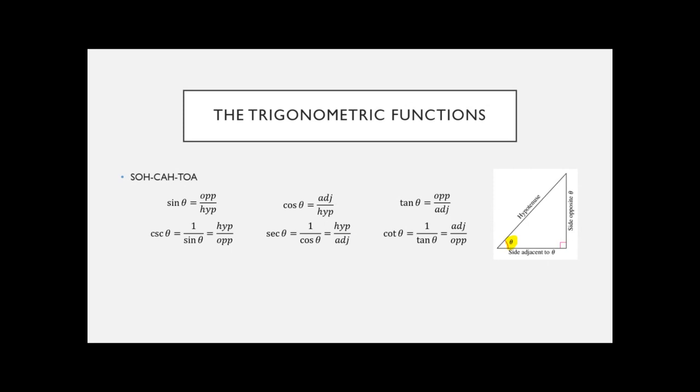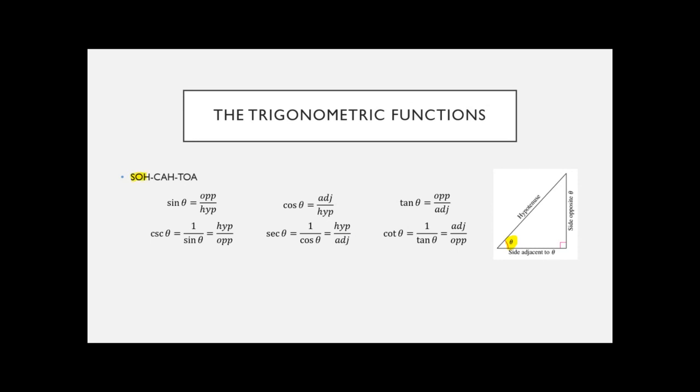So we label everything in terms of adjacent, hypotenuse, and opposite. And we usually just abbreviate them with the first 3 letters. And so the sine of an angle is opposite over hypotenuse, and that's where we get the abbreviation SOH.